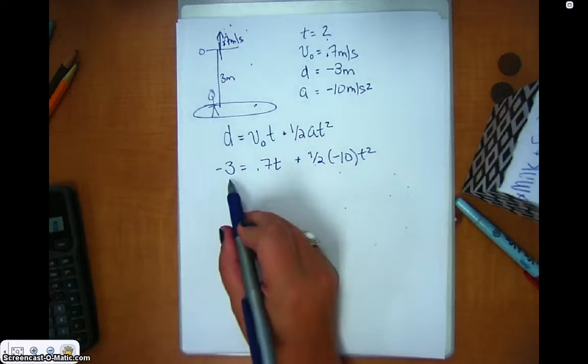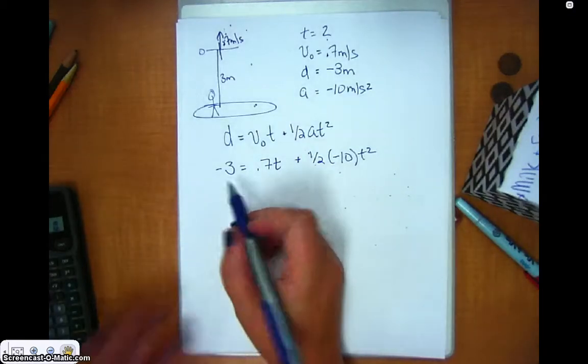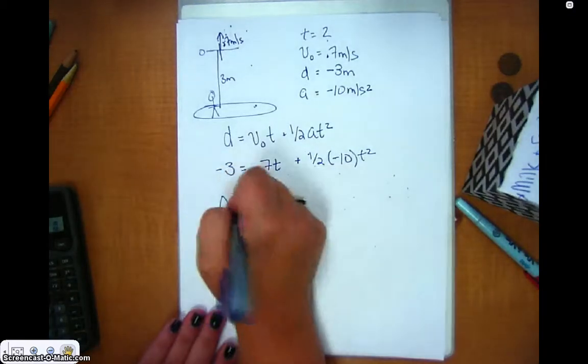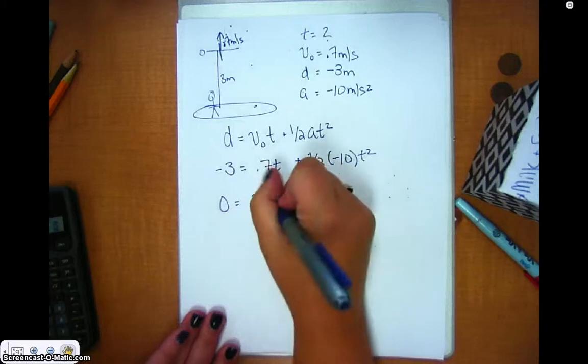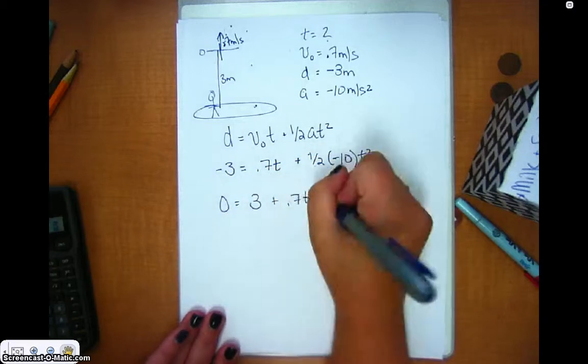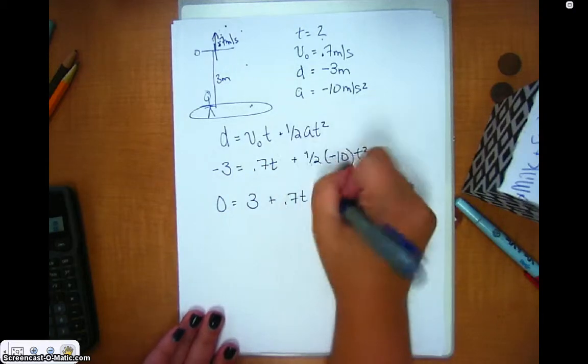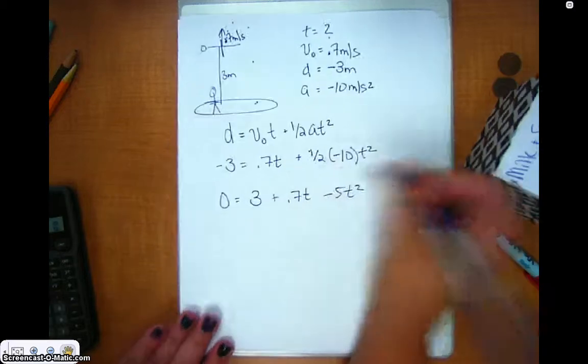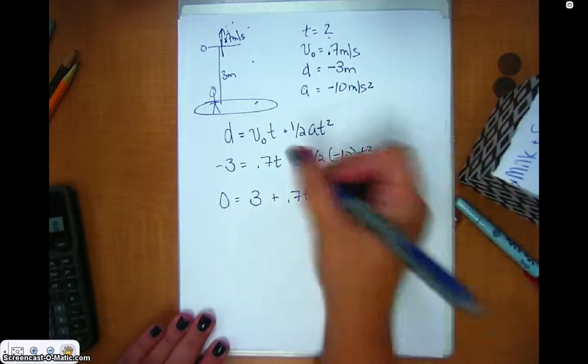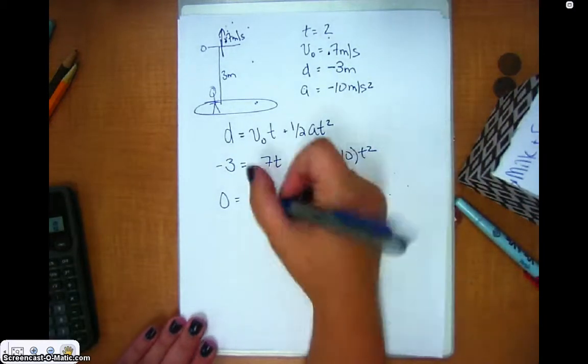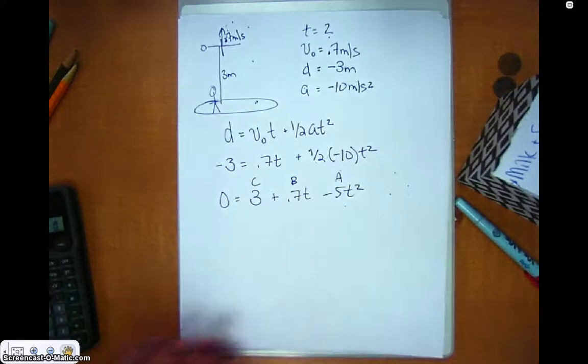So this is where that minus 3 is going to make a difference, right? So I get 0 is equal to 3 plus 0.7t, and then minus 5t squared. So my a term is minus 5, my b is 0.7, and my c is a positive 3.